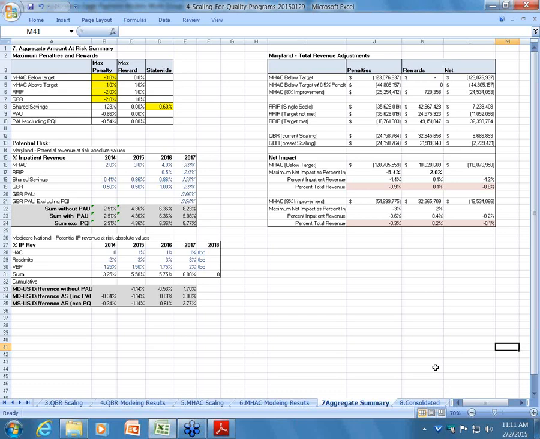Granted, it's a different measurement, different program, but I would think that the reason why we saw 27% improvement was partially because there was a 4% at risk for the worst performing hospital. Yeah, but I would also suggest it's because it was an understandable program and a manageable program for the clinicians where the previous one wasn't. That's why we made many of the changes we made.